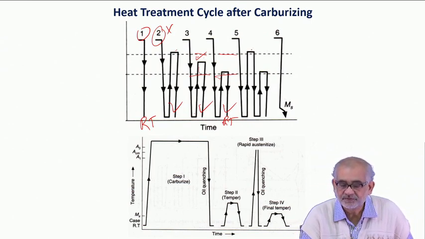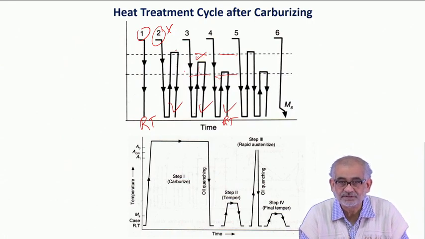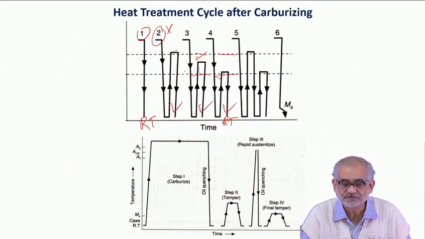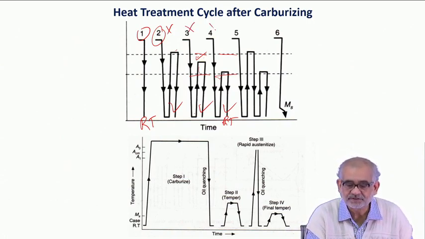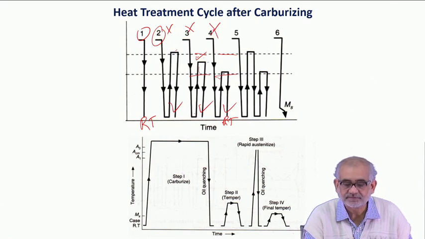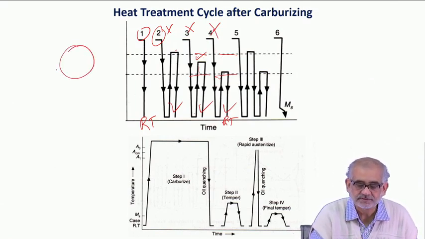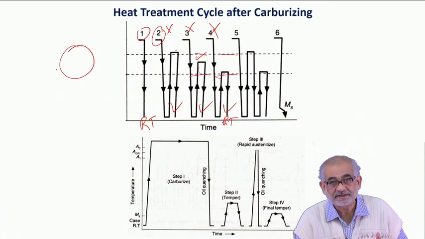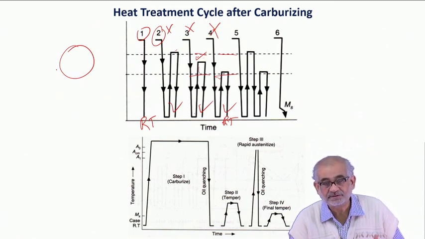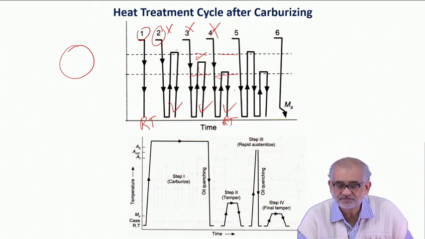But we can't do it separately for two different parts of the component. In the sense, we cannot separate the component into two parts and then carry out two different treatments. So all these are hypothetical situations and not quite applicable, because we are dealing with a single component. Now, in order to obtain martensite on the surface, we do a composite treatment like this.